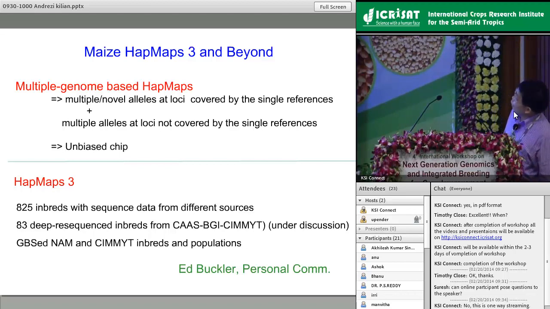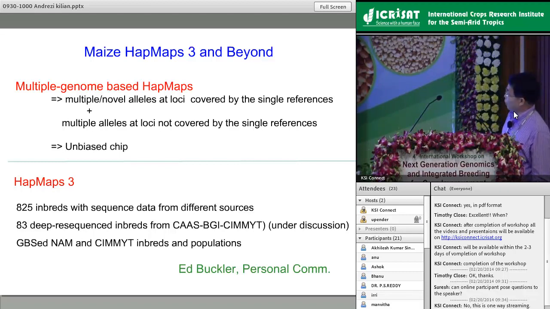So with these two data sets, maybe we can develop the third version of the HapMap. For example, with the multiple genome-based HapMap, we can resolve the multiple alleles at the loci covered by the single reference. At the same time, we can find alleles not covered by the single reference. And then we can develop the unbiased chip. So that's the story going on with developing HapMap 3.